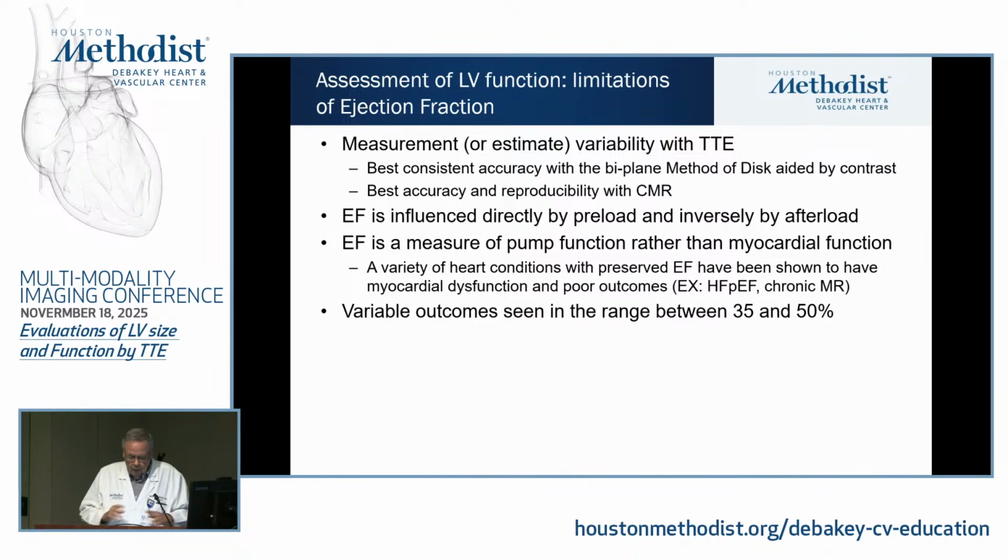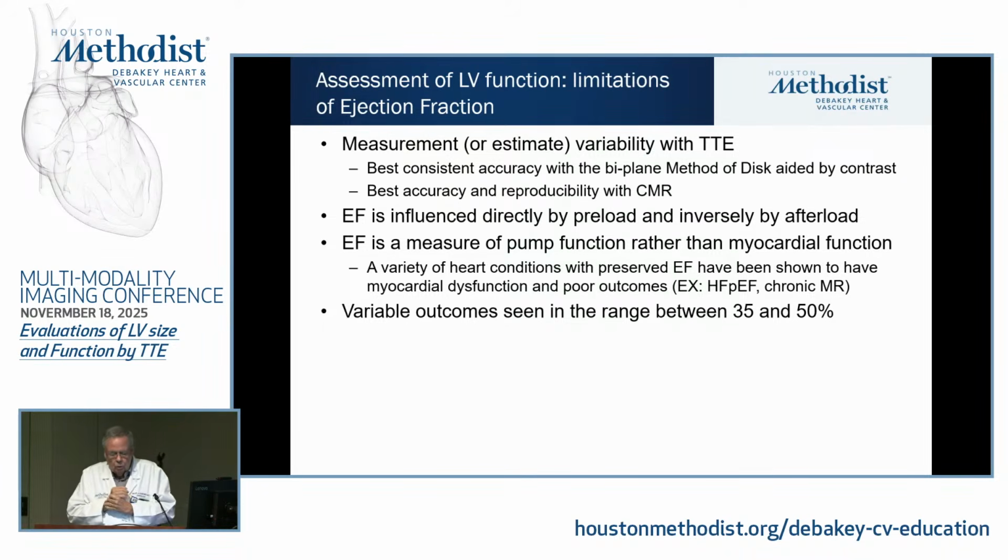All right, so in summary, limitations of EF. First of all, we do have to accept with echo a certain variability with transthoracic echo, even when well done, without any problems. The new 3D technology is probably the most reproducible. There are some studies suggesting that may be true.